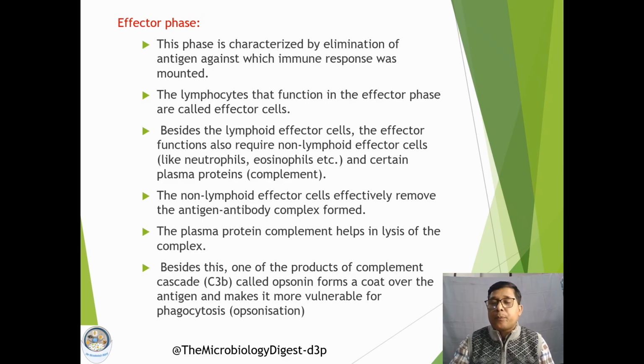So the effector phase is directed at the final elimination of the pathogen from the body. These three phases, recognition, activation, and effector, are highly regulated phases of the immune response.